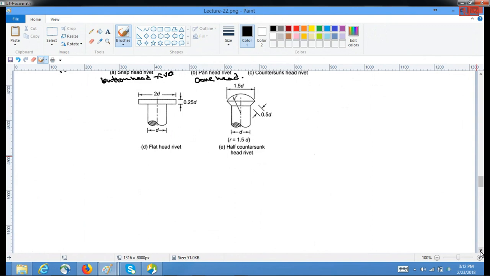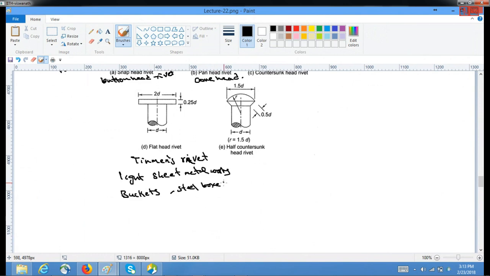Sometimes these flat heads are also called as tinman's head or rivet head, and they are used in light sheet metal work like buckets, steel boxes, and air conditioning ducts.